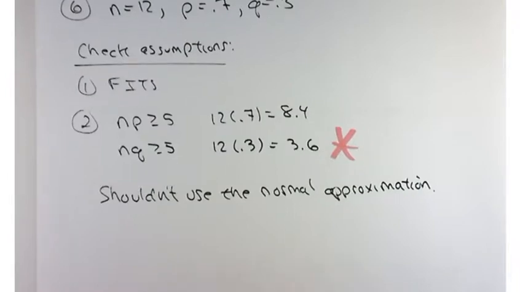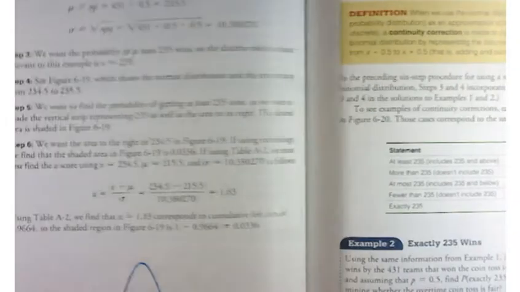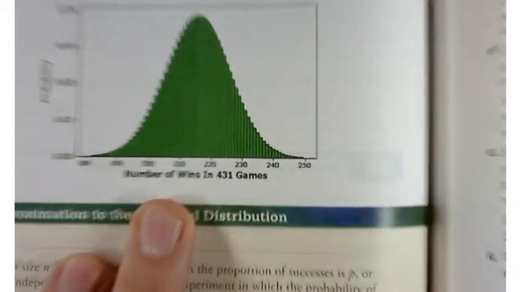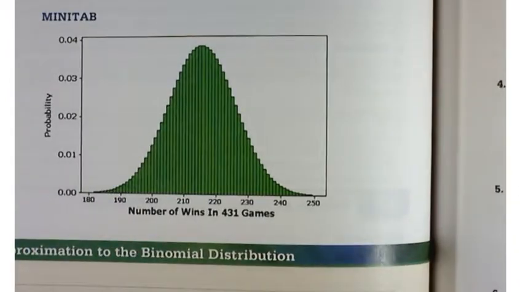Now there is one little hang-up in using the normal curve to approximate the binomial distribution. That hang-up comes about because the number of wins or losses, successes or failures, is a discrete number.